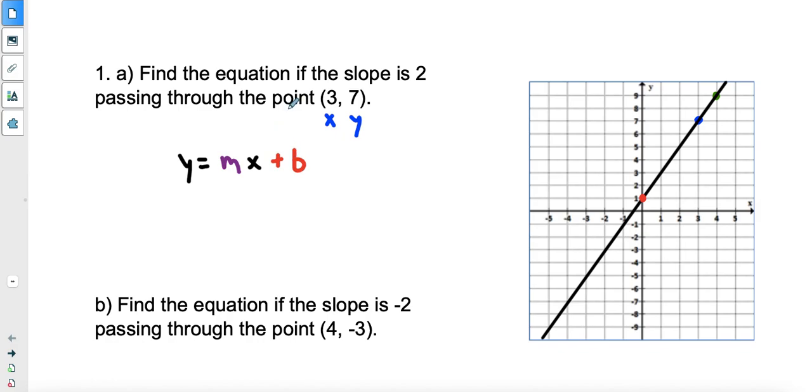So here, since the slope is 2, I'm going to put 2 in for m. And since my y-intercept is 1, I'm going to put 1 in for b. So the equation of my line is y = 2x + 1.